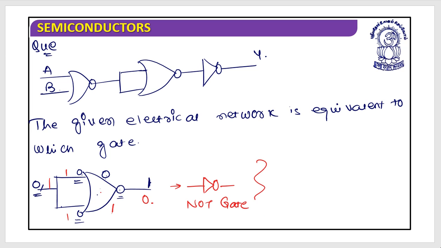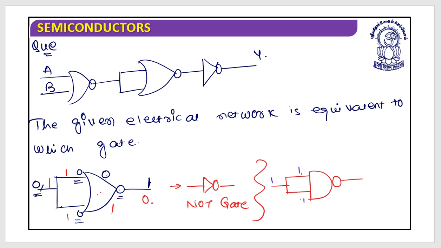Yes, even the same thing is true for the NAND gate also. Look at this. If both of the inputs of the NAND gate have been connected, then it would look like this. Let's suppose I pass 1, then 1 comma 1.